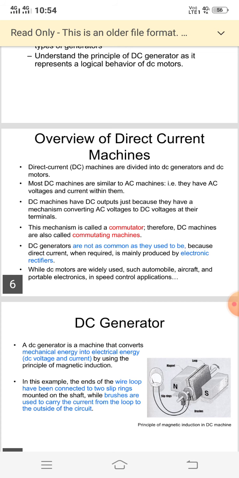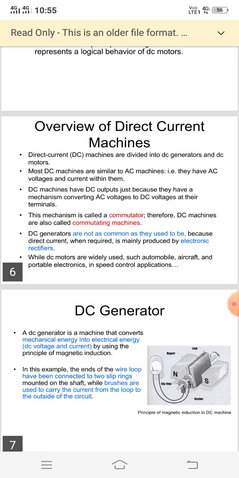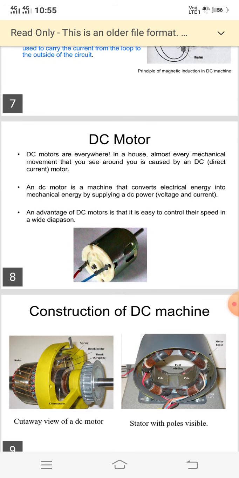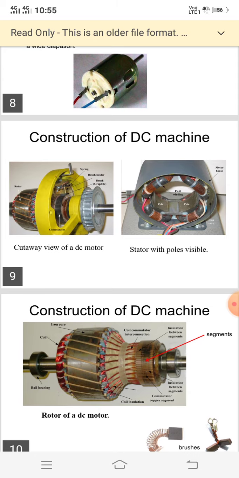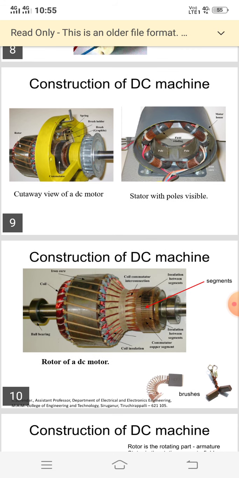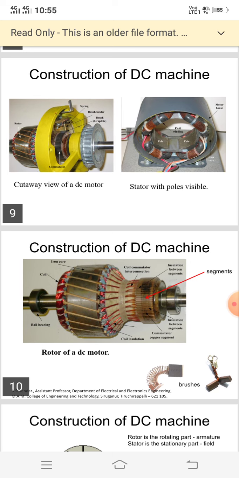This rotor has some internal arrangements. It consists of a number of segments, insulation between segments, insulation between commutator and copper segments, then coil insulation, iron core, ball bearings.